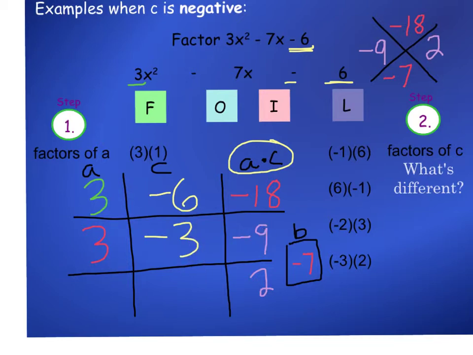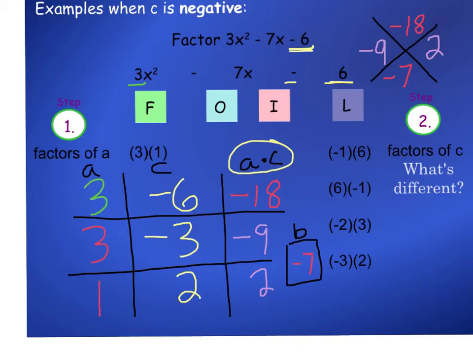Now I move down. What's the greatest common factor between 3 and 2? It's actually just 1. Next, what's the greatest common factor between negative 6 and 2? The greatest common factor there is 2, because 2 can divide both of those.